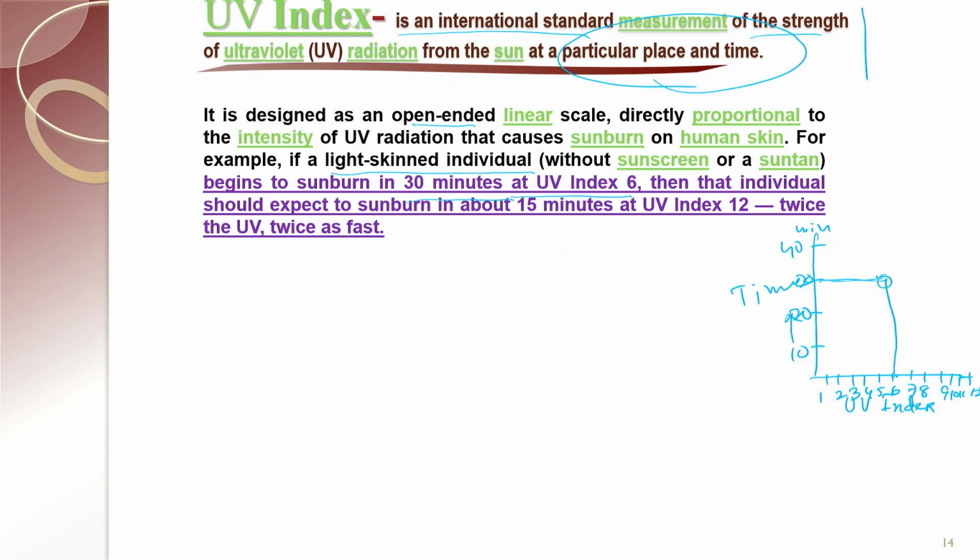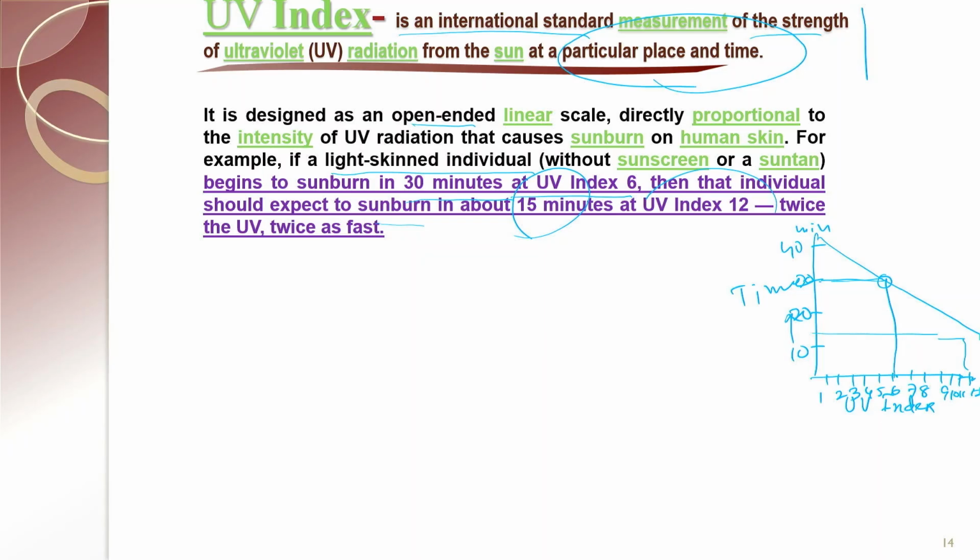at this point he is getting the sunburn, and then that individual should expect, at a higher UV level, say 12, he will get sunburn sooner. He will get sunburn at 15 minutes if he is exposed at double the intensity of UV.